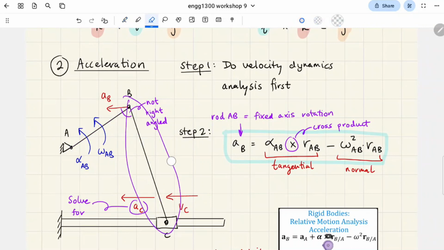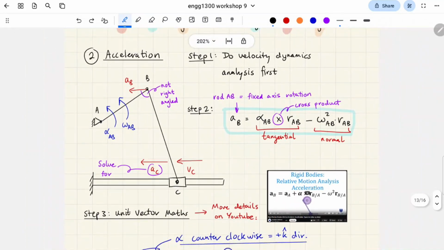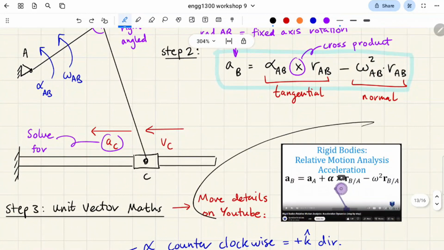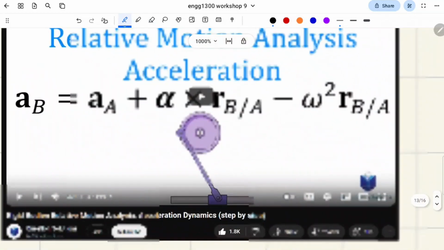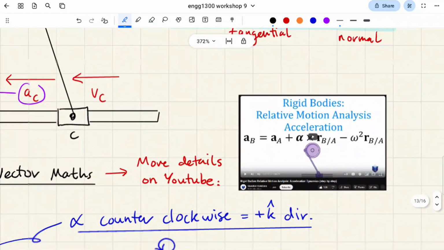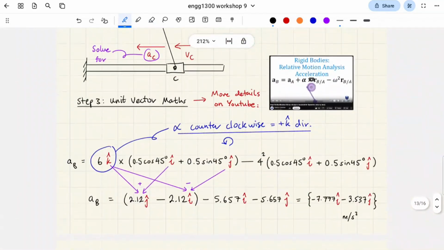There's just an extra component out the front here that you add on. If you want more details, please refer to this YouTube video. I suspected that I wouldn't have time to cover this, so you can look it up. It's called Rigid Bodies Relative Motion Analysis, and they do it the unit vector way.